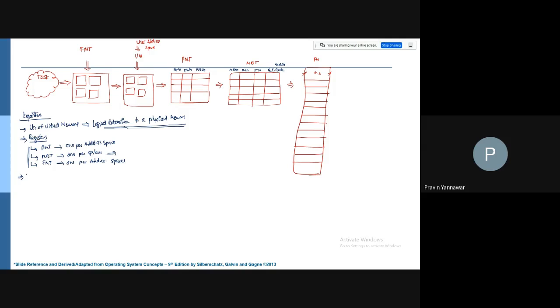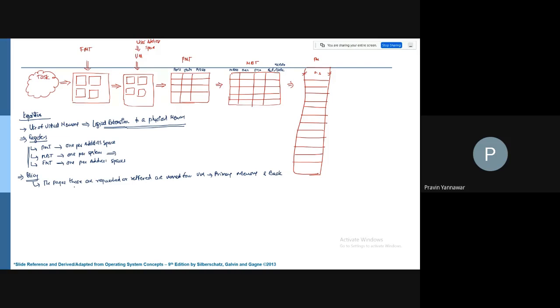Then as far as policy is concerned, we need to understand that the pages having demand, those being requested or referred, are moved from VM to primary memory and back.